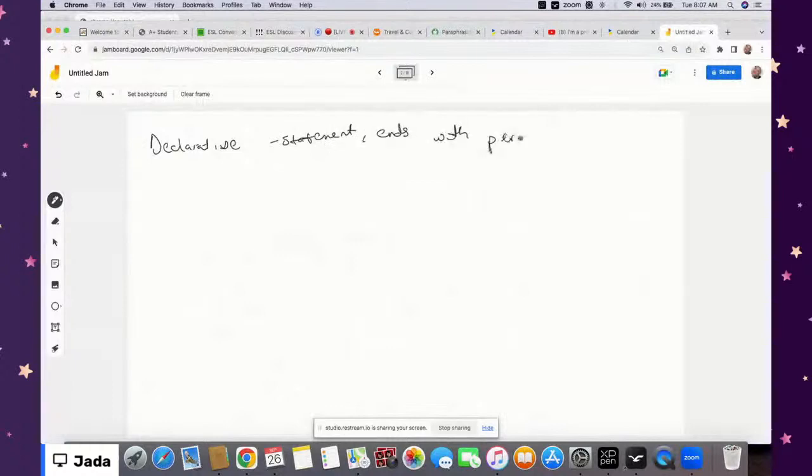So I'm sure that you all know what a period is. This is your period, just like the little dots that you have. And then we can have some examples for declarative, right? Since it's a statement, you're making a statement telling us about something.